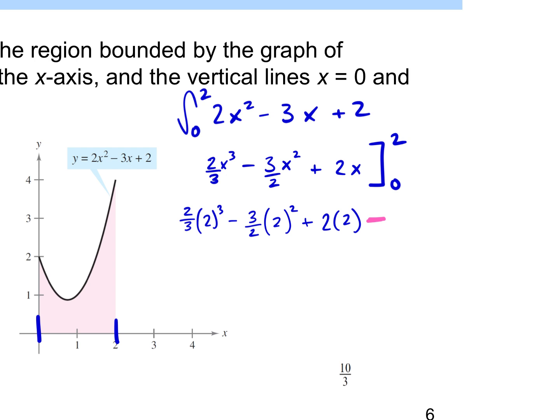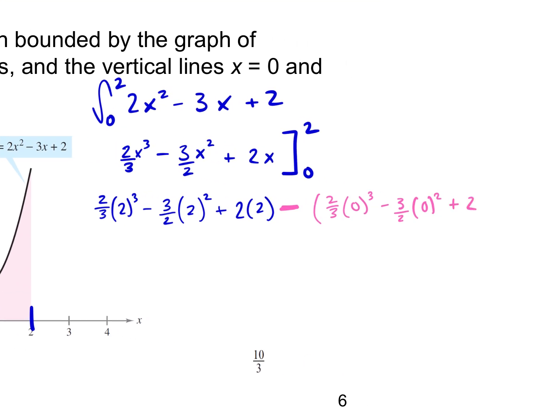So minus, we would plug in 0 next. So here we get 2/3 times 0 cubed minus 3/2 times 0 squared plus 2 times 0. What do we see that this is going to be? 0, because everything gets multiplied by 0. So this is just 0.